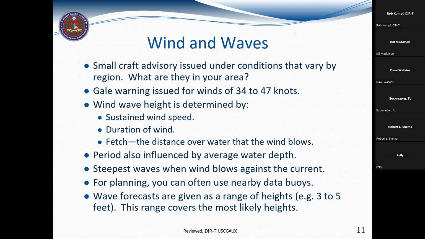Wind wave height is determined by sustained wind speed, the duration of the wind, and the fetch. So that's the distance the winds have traveled over the water. We'll get white caps even here on the lake, and we're going to want to be aware of how that affects our vessel.